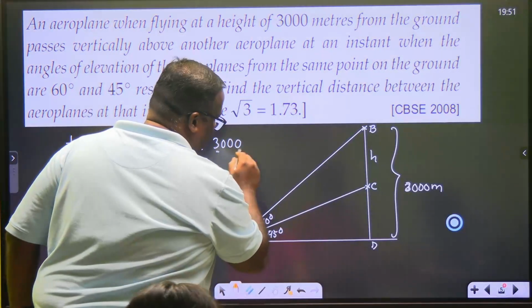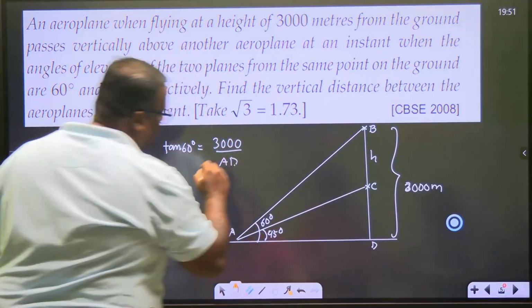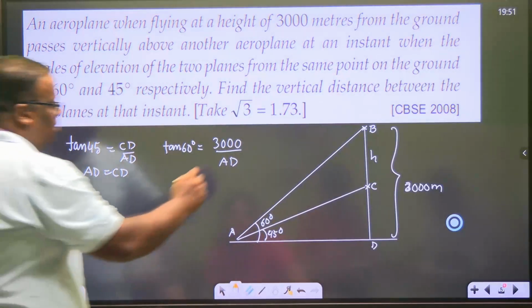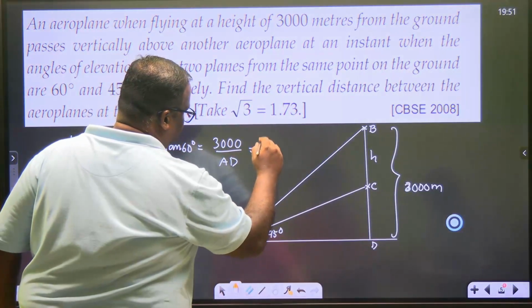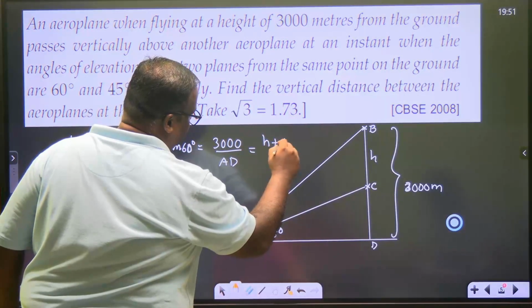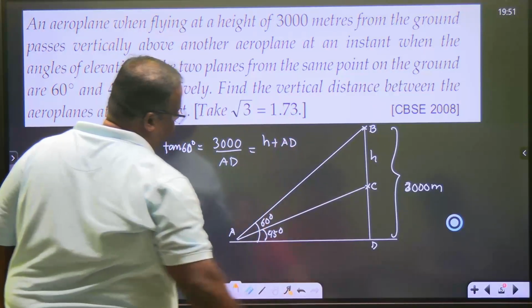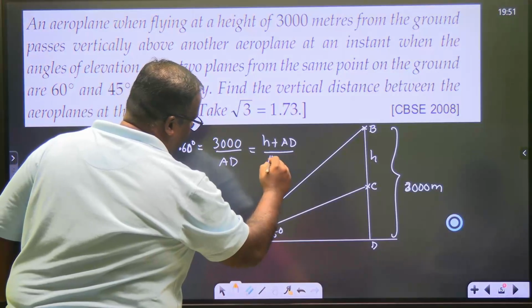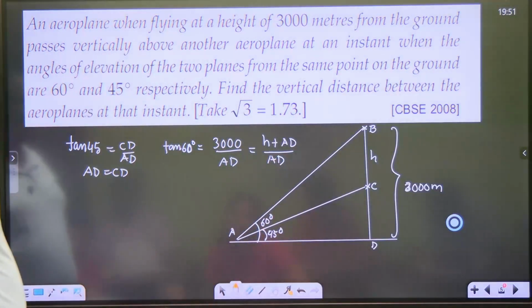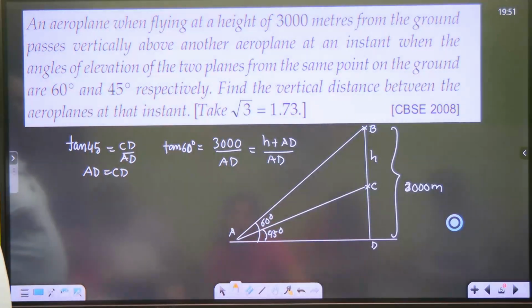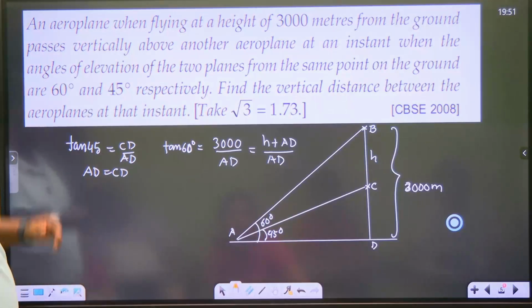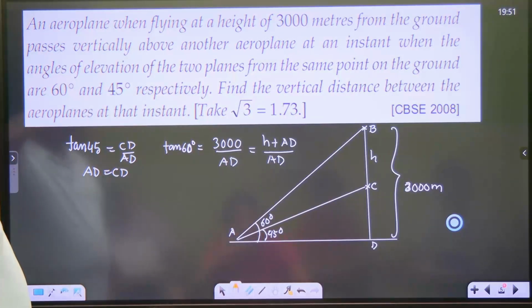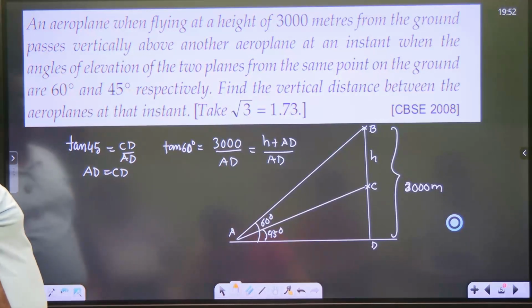Tan 60 is 3000 divided by AD. Agreed? 3000 can be better broken as H plus AD, divided by AD. Now do it. AD and CD are same. H plus CD, AD, all are same. So in fact, you can first make a relation from here also.